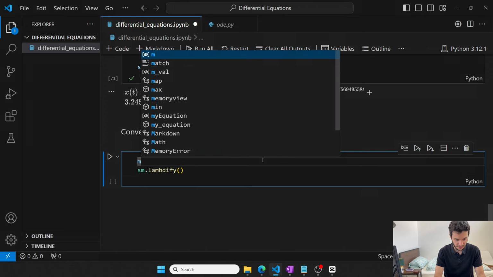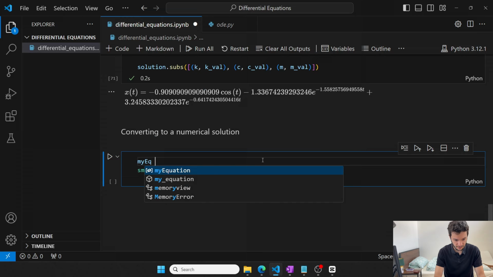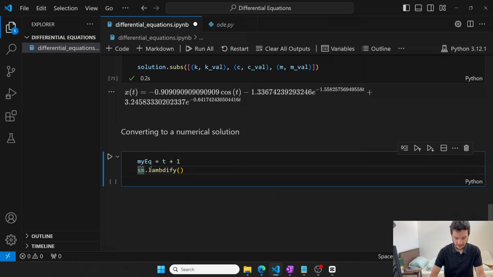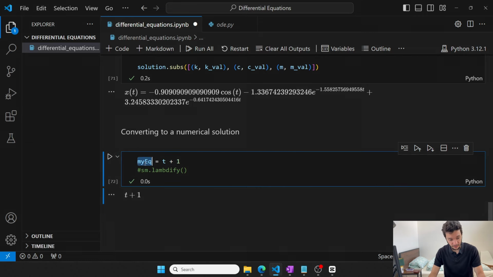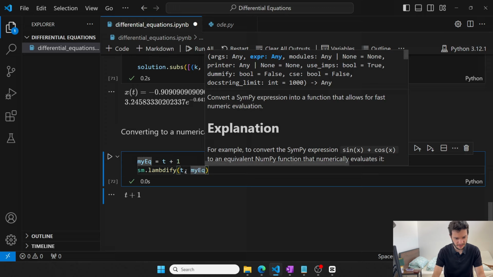Let's say I have an equation, for example, my eq is t plus 1. Now I can go ahead and show you my equation. So it is basically t plus 1. And if I now lambdify this equation, I say that I want to lambdify this, and the argument of this one is t. So I specify first the arguments, and then my equation.